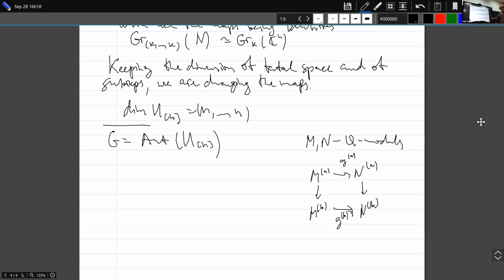Such as it commutes with all the arrows, with all the maps, and then you can consider the automorphism group of your representation. There is one observation: G acts on the quiver Grassmannian, actually on any quiver Grassmannian, particularly on our quiver Grassmannian.